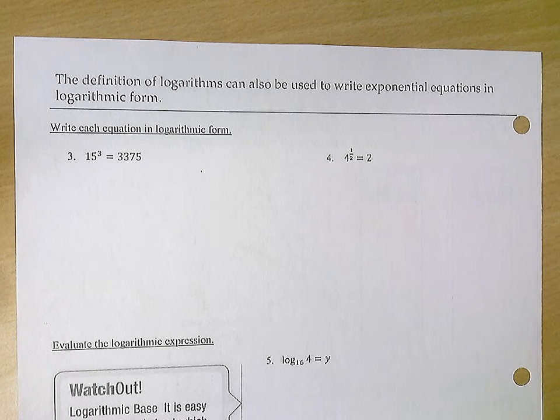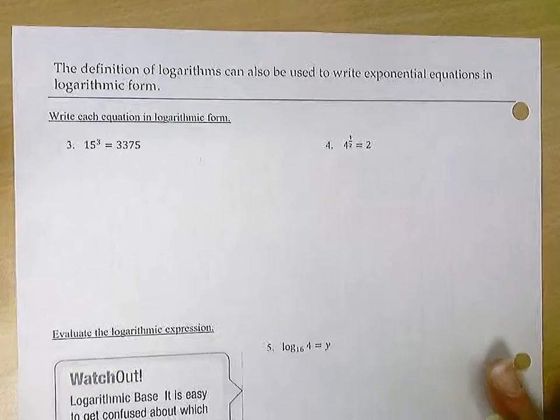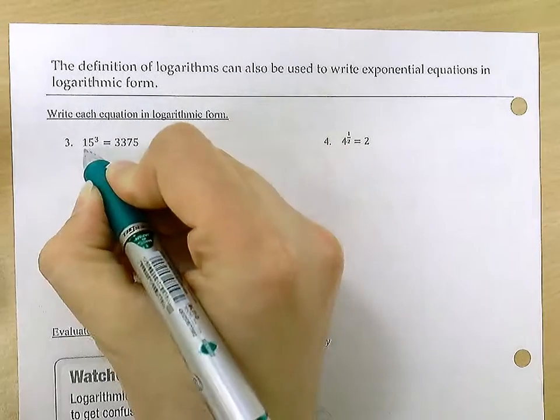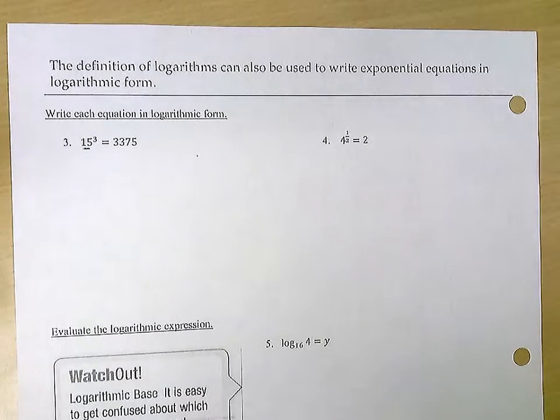So the definition of logarithms can also be used to write exponential equations in logarithmic form. So now we're going to be given an exponential form, and we want to write it as logarithmic. So for this one, what I do is locate the base of my exponential function. In this case, that's 15.